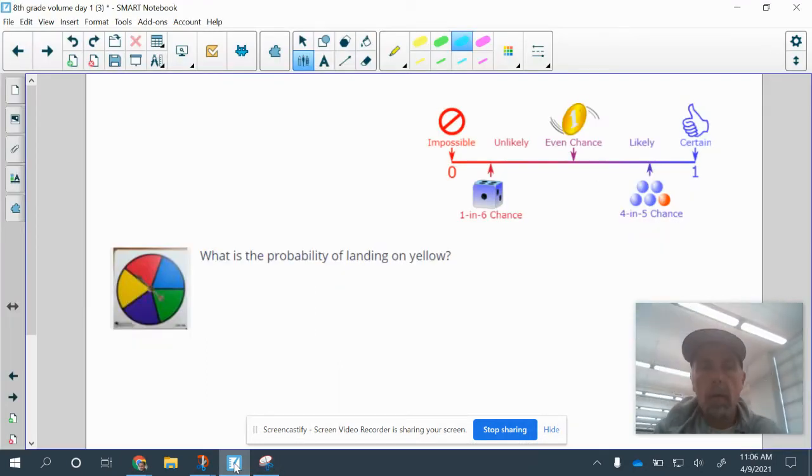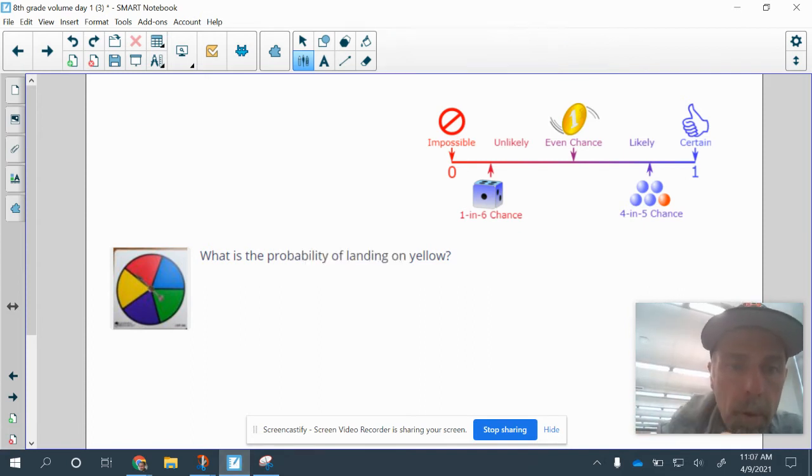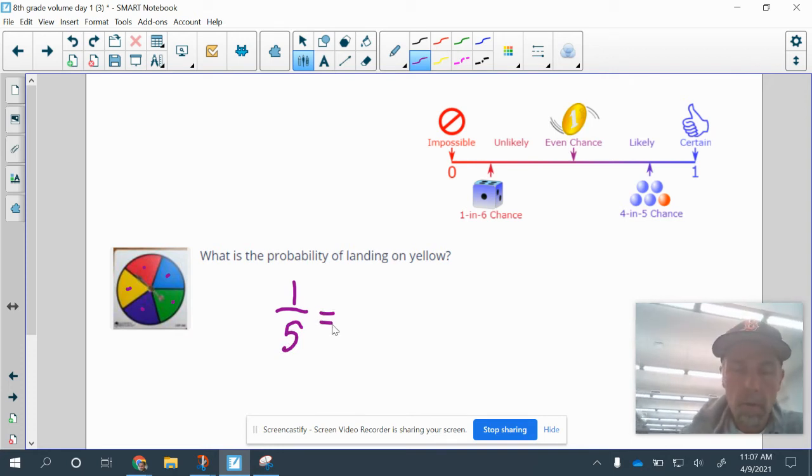All right, just a quick review of probability and likelihood. If we're doing this problem right here, the probability of landing on yellow would be 1 yellow out of 1, 2, 3, 4, 5 pieces, so 1 out of 5. 1 out of 5 is the same thing as 0.2, or 0.20, whatever you want.